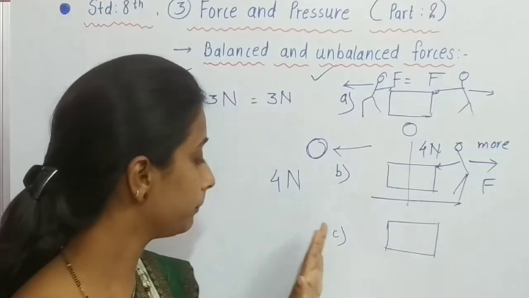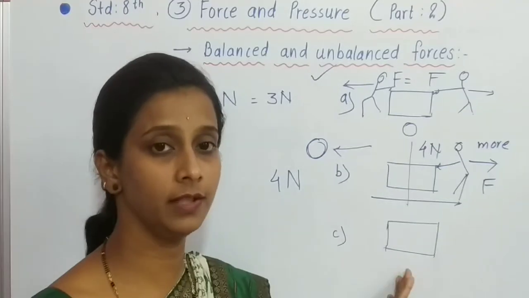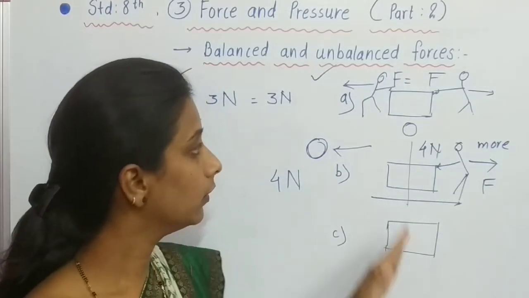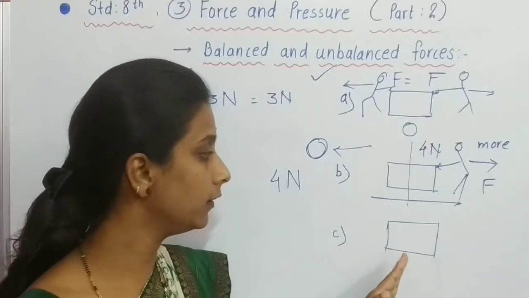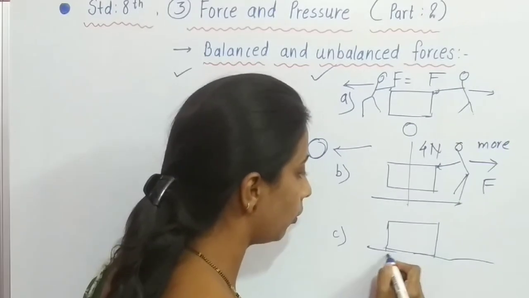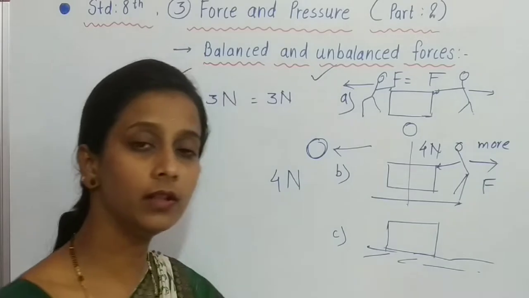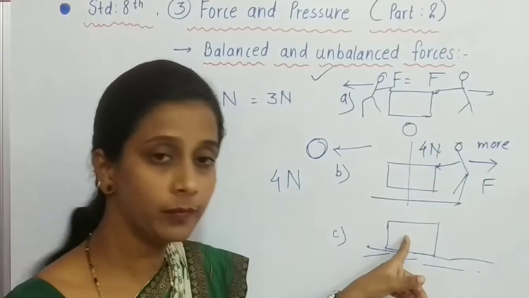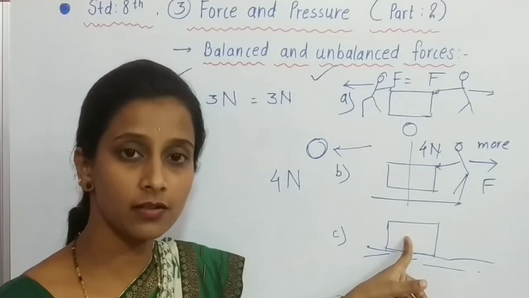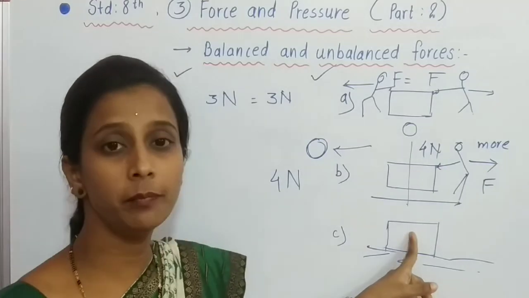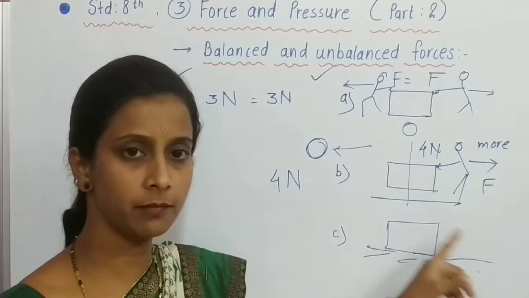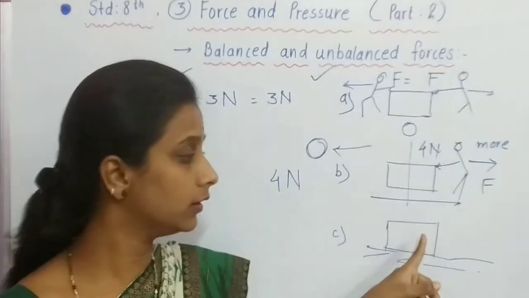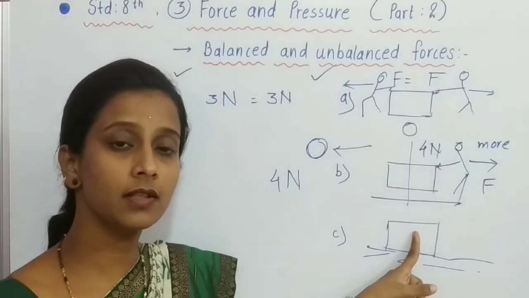Now come to object C. Here again a block is present, and see that the object is present on the earth surface. That object is a steady, stationary object, and no person is trying to pull or push it. No person is present around this object.